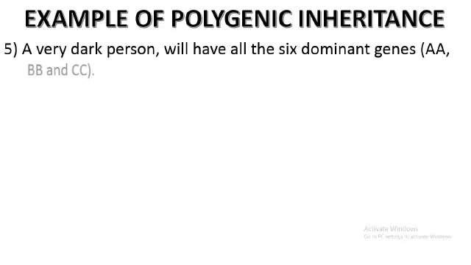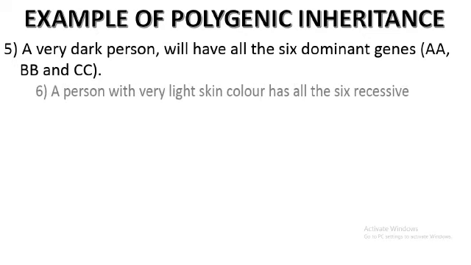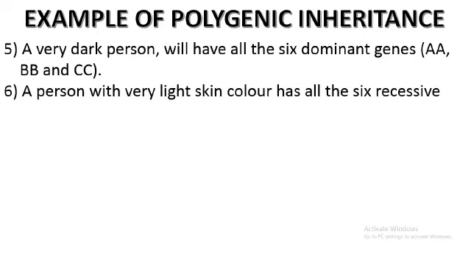A very dark person will have 6 dominant genes, that is, AA, BB, CC. If all these three pairs are present, then the person will be totally dark, or you can call black in color. A person with all six genes being recessive will have very light color, or you can say pure white in nature.